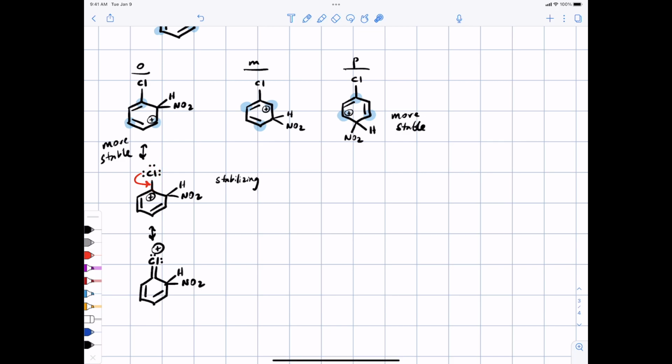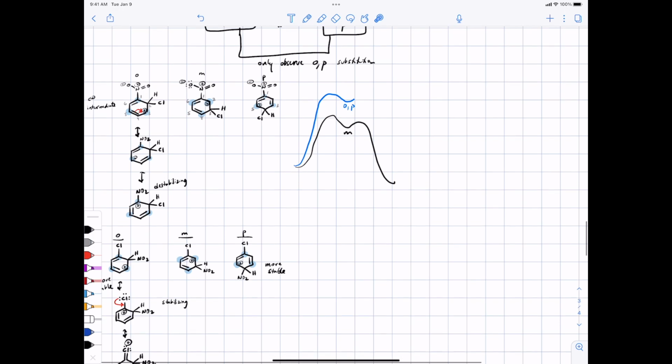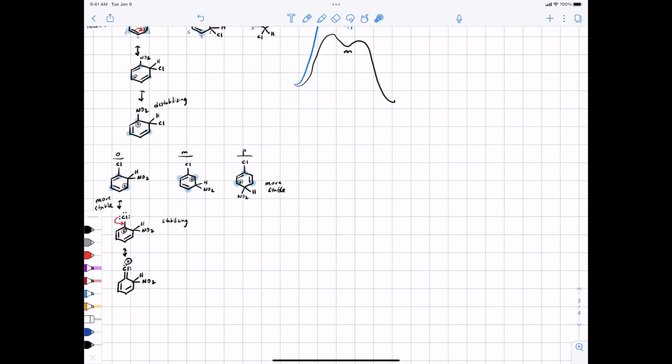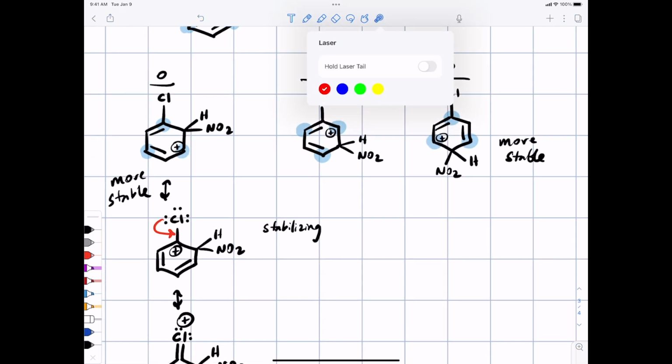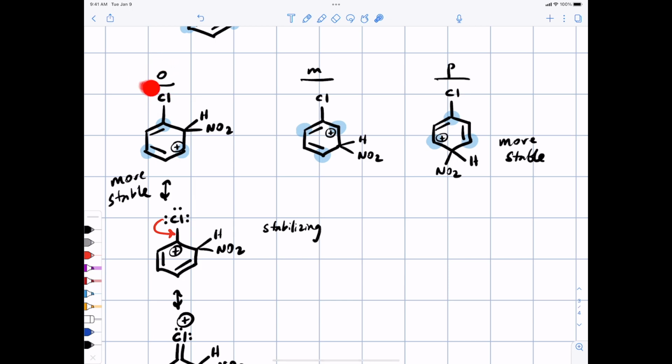Chlorine donates its lone pairs in there. Okay? So that's the same explanation as we saw before with the nitro group, only because chloro is a donating group rather than a withdrawing group, ortho and para become more stable rather than less stable.